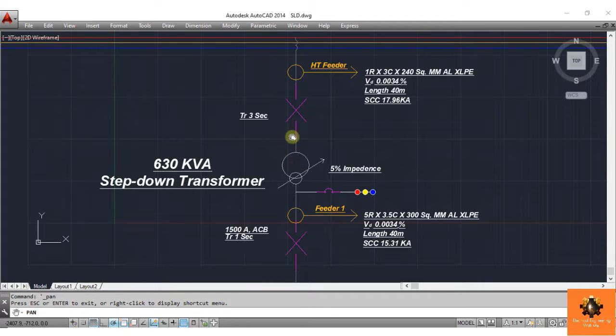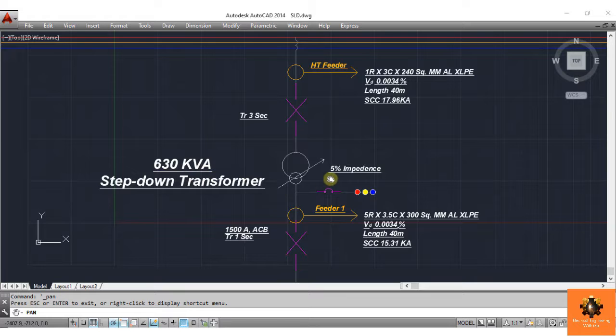Means we are supplying power at 11 kV at this primary side and receiving power from this side at the voltage level of 415 volts. Okay, power level will be same, but the voltage and the current level will be different with respect to each side. Okay, and we have calculated the size of transformer in the designing part as 630 kVA.